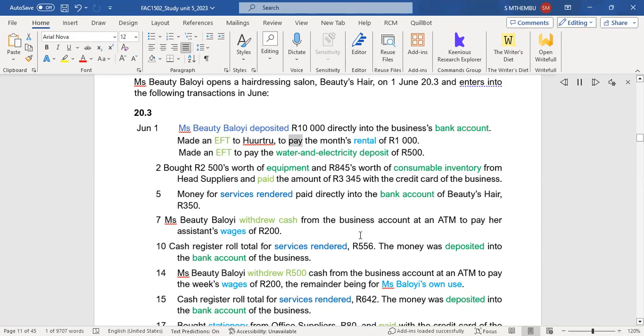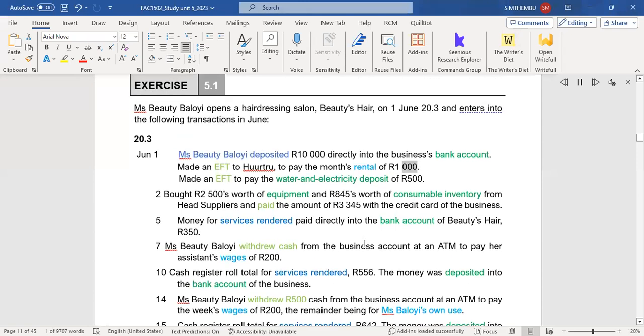Made an EFT to Hortru to pay the month's rental of R1,000. Made an EFT to pay the water and electricity deposit of R500. 2, bought R2,500 worth of equipment and R845 worth of consumable inventory from Head Suppliers and paid the amount of R345 with the credit card of the business.